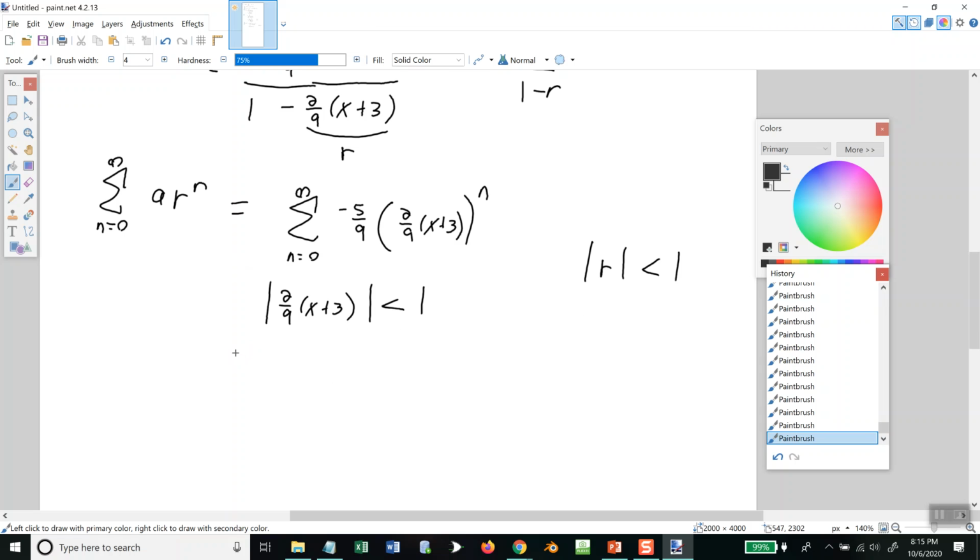Okay. -1 is less than 2/9 X plus 3. It's less than 1. Multiply everything by 9/2. -9/2 is less than X plus 3 is less than 9/2.